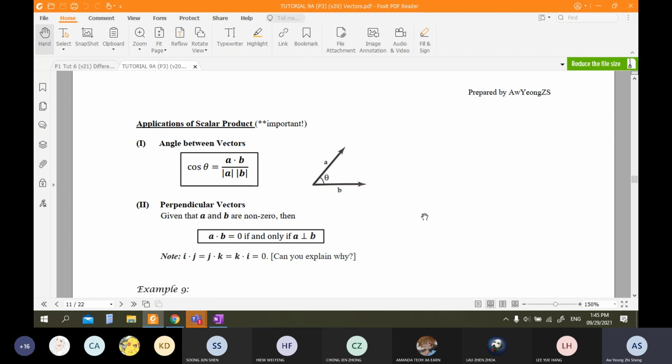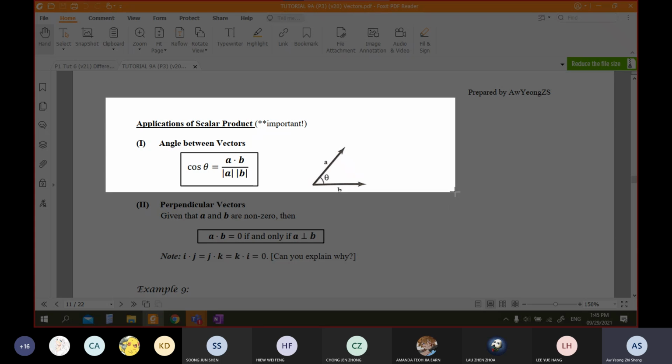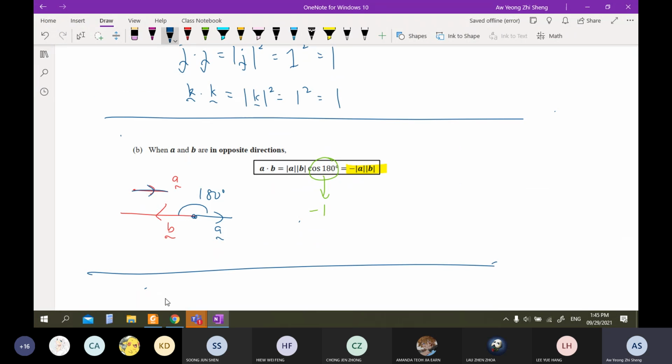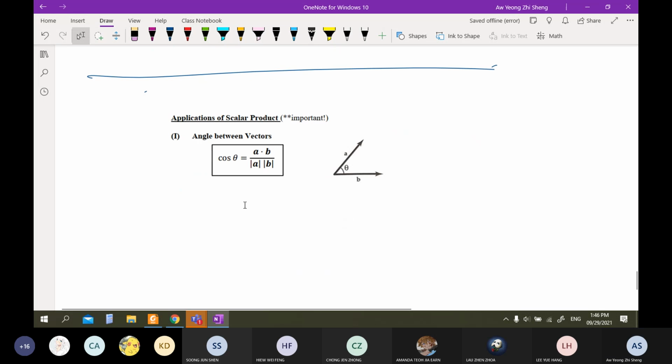Okay, now move to application of scalar product. This is a very common use of scalar product in an exam question. They will ask you to find the angle between two vectors.